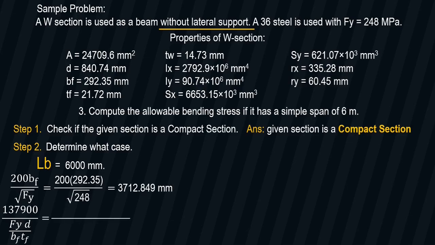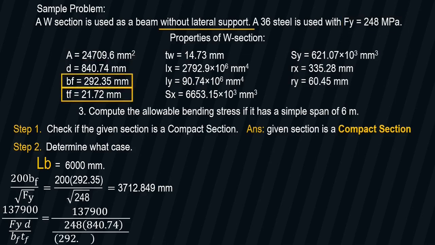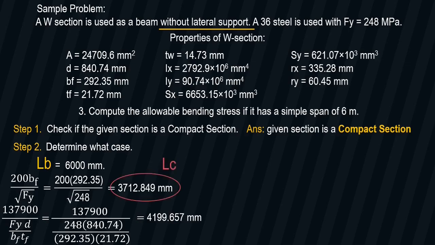In the second formula, we have 137,900 over Fy, which is 248, and the total depth, which is 840.74 mm, over the width of the flange multiplied by the thickness of the flange, that is 292.35 times 21.72, and the result is 4,199.657 mm.